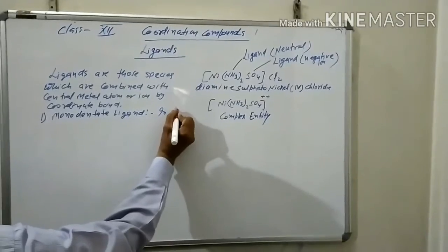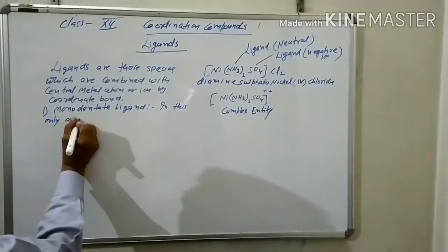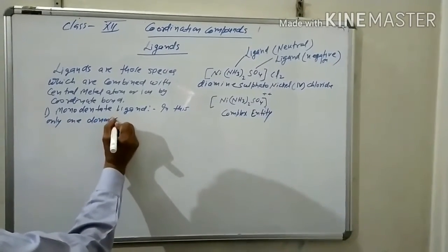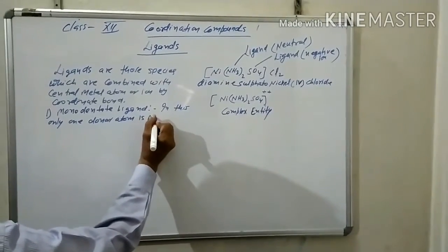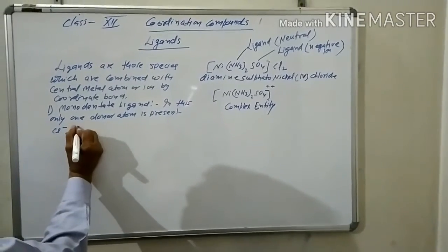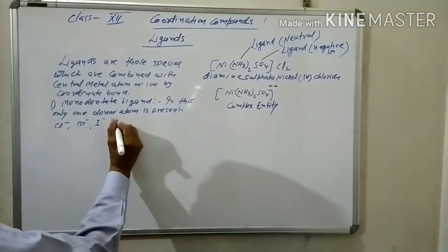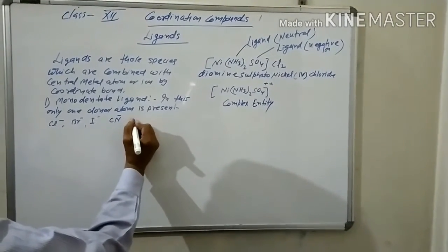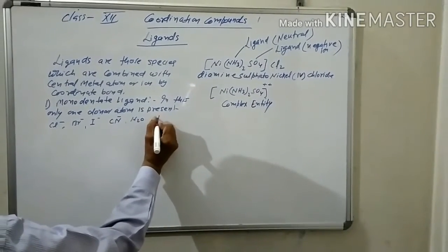In this, only one donor atom is present. Examples: chloride ion, bromide ion, iodide ion, cyanide ion, H2O, etc.